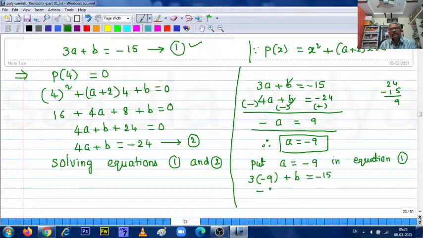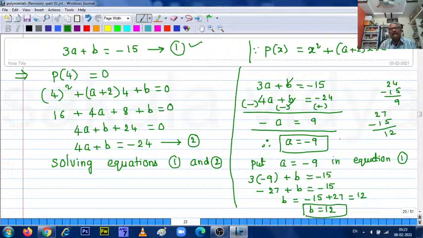Now this is negative 27 plus b equals to negative 15. b equals to negative 15 plus 27. Now 27 minus 15, you will be getting 12. So b equals to 12. Now we know the a value and b value.